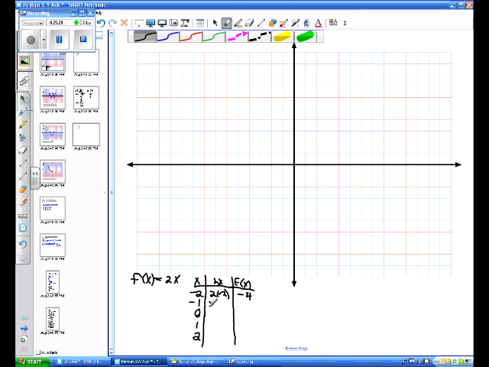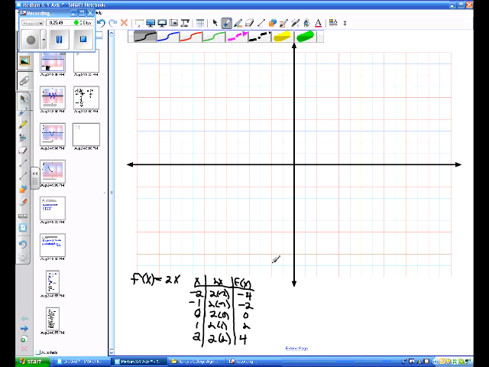If we plug in a negative 1, we have 2 times negative 1, which is negative 2. 2 times 0 is 0. 2 times 1 is 2. And 2 times 2 is 4.